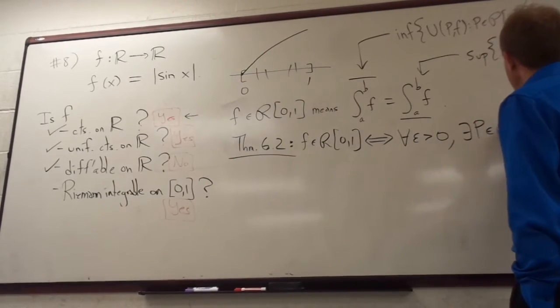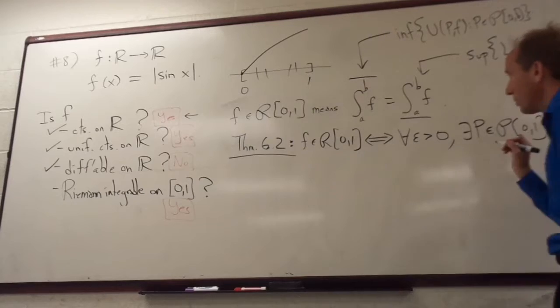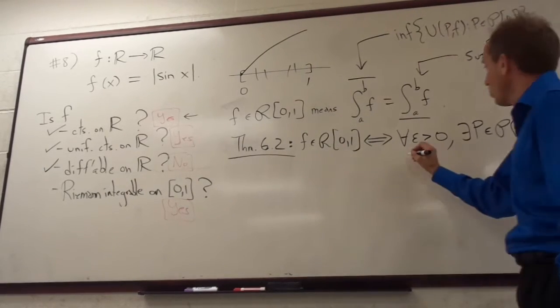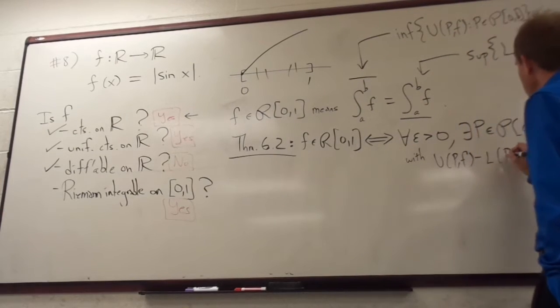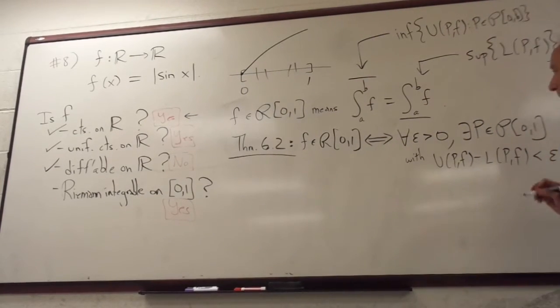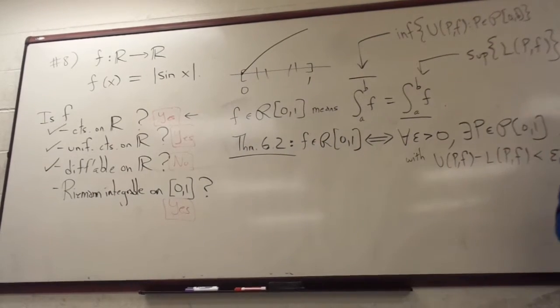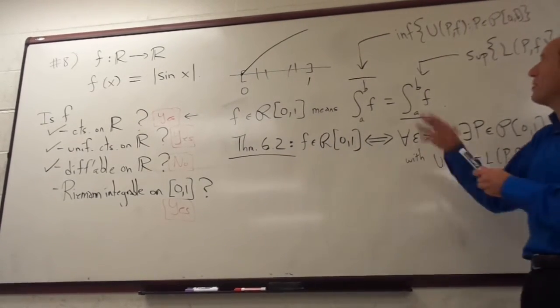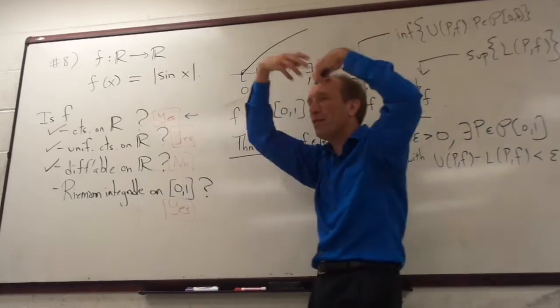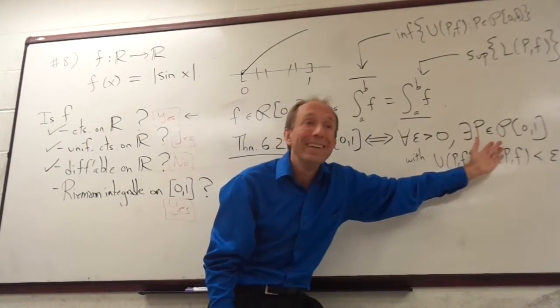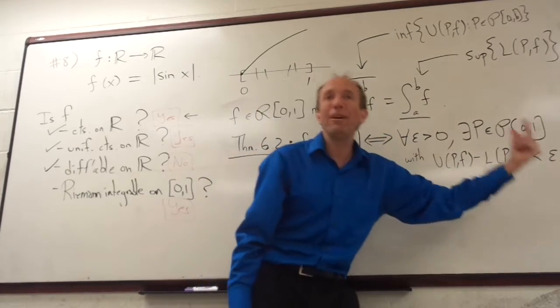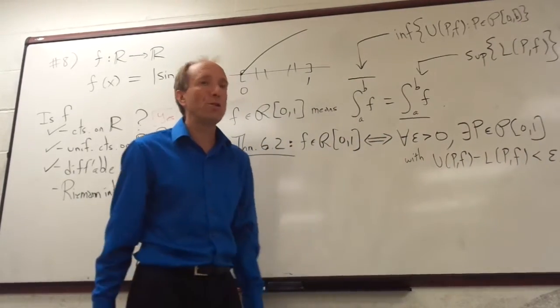So there exists a partition of, in this case, the closed interval 0, 1, with UPF minus LPF less than epsilon. This is the key. This is so much more practical. I don't have to check every partition and calculate an infimum or a supremum. All I have to do is find one partition that makes the UPF and the LPF close to each other.